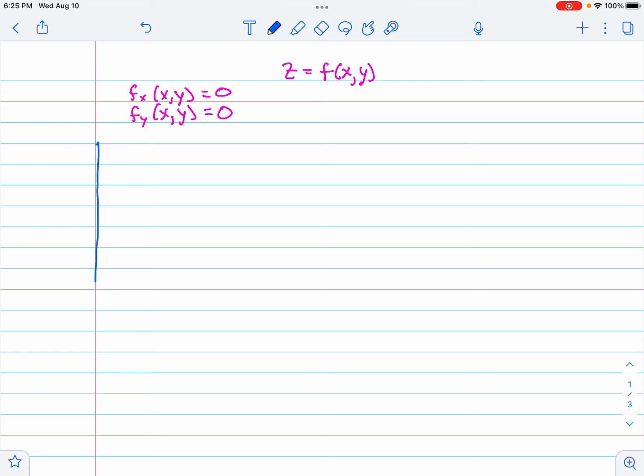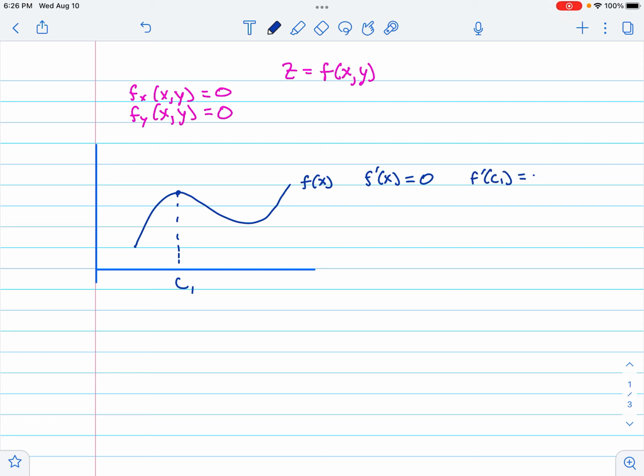In Calculus 1, we would have a graph, remember, let's say a graph like this, and this is a function of a single variable, one independent variable. And what we would do is we would find the critical number. We would set the derivative equal to 0, f prime of x equals 0, and we would solve that and get this c1, for example, where f prime of c1 is equal to 0.